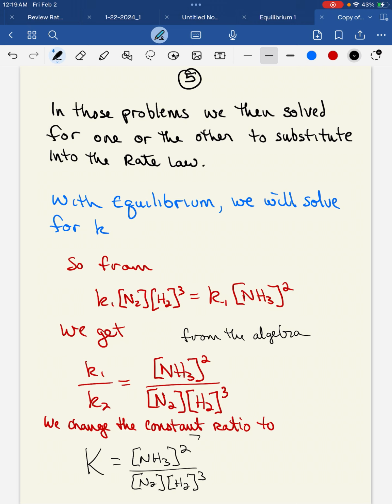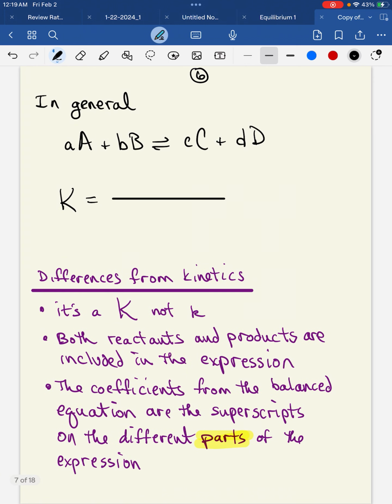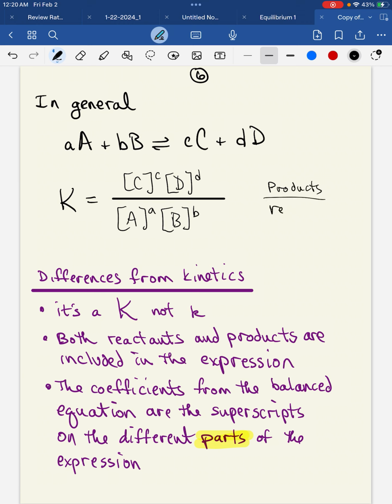And this becomes the format for the equilibrium expression, which is what we will come to call it. So in general, we've seen this equation before with the rates, but now for equilibrium with the capital K, it's [C] to the c, [D] to the d, over [A] to the a and [B] to the b. Always do products on top, reactants on the bottom.